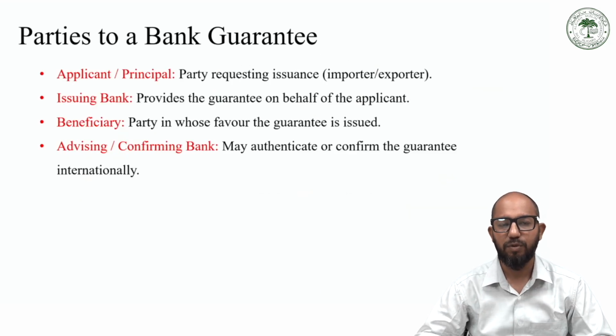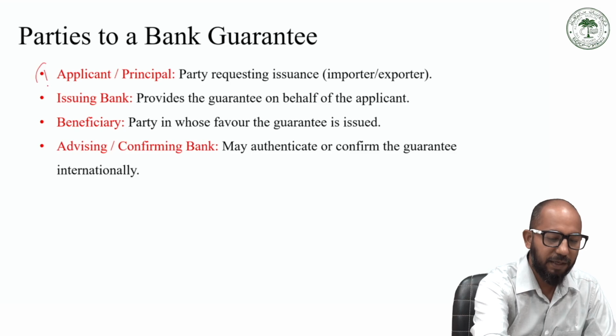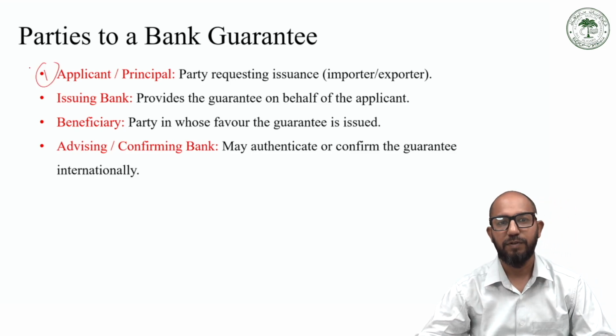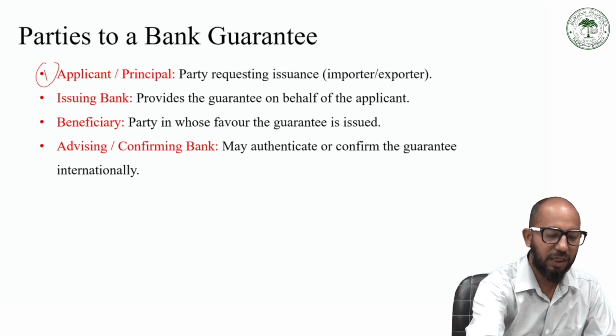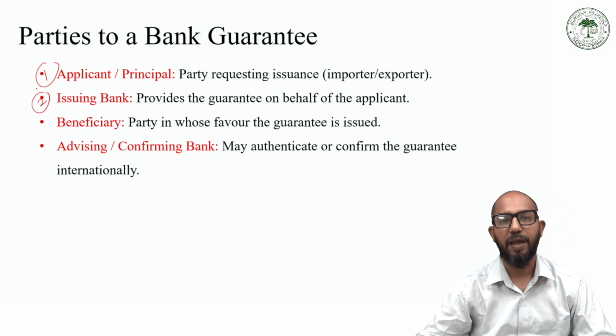Let us now try to identify the different parties that are involved in a bank guarantee. The first is the applicant or the principal, which is the party requesting issuance, such as an importer or exporter. The second party is the issuing bank, which provides the guarantee on behalf of the applicant.